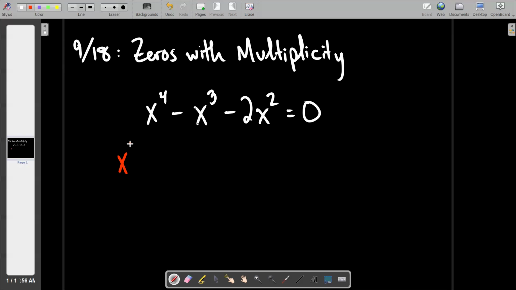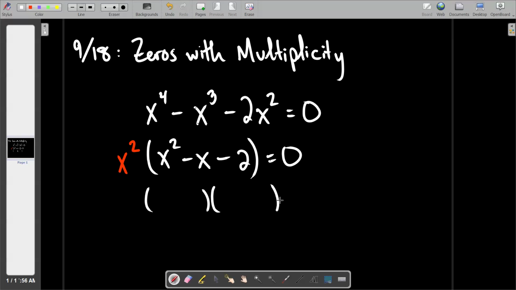You're fine. So I'm going to pull out x squared, and that's going to leave me with x squared times (x squared minus x minus 2) equals 0. Good. And then, of course, we factor, 4th verse, same as the first. When I factor the white thing down, it's a pretty typical quadratic trinomial.